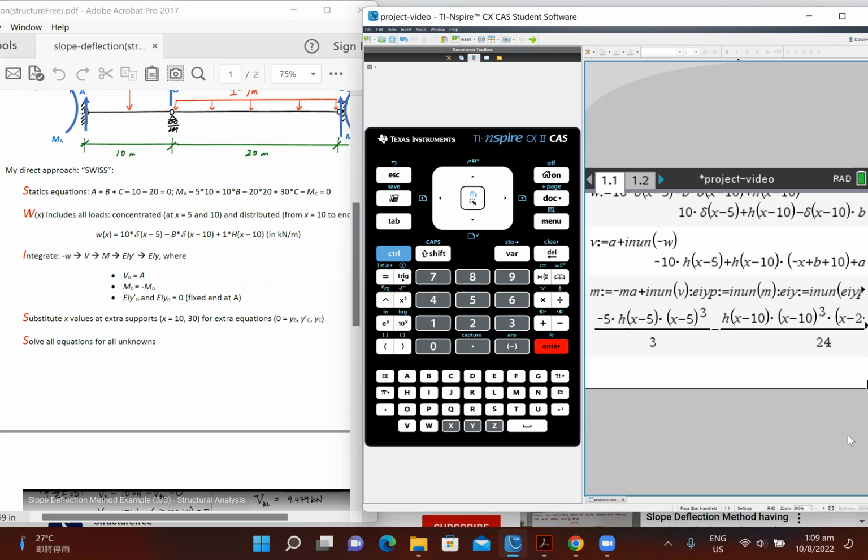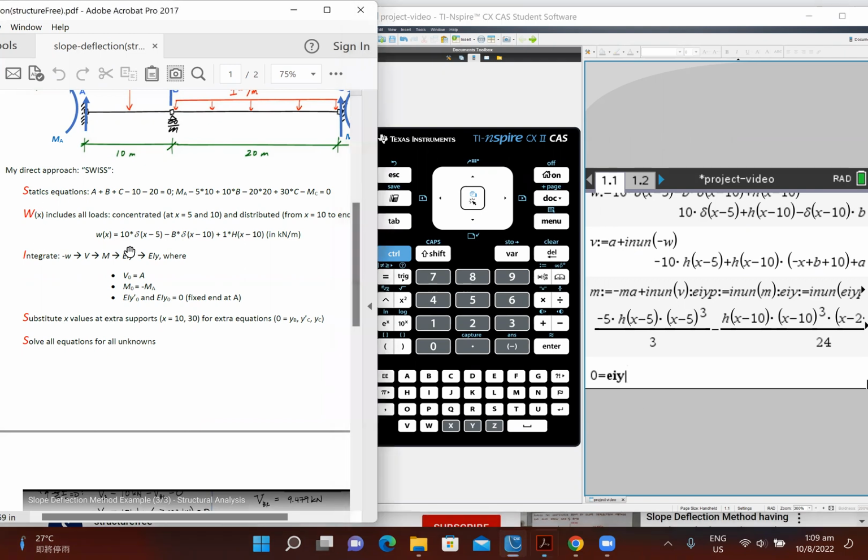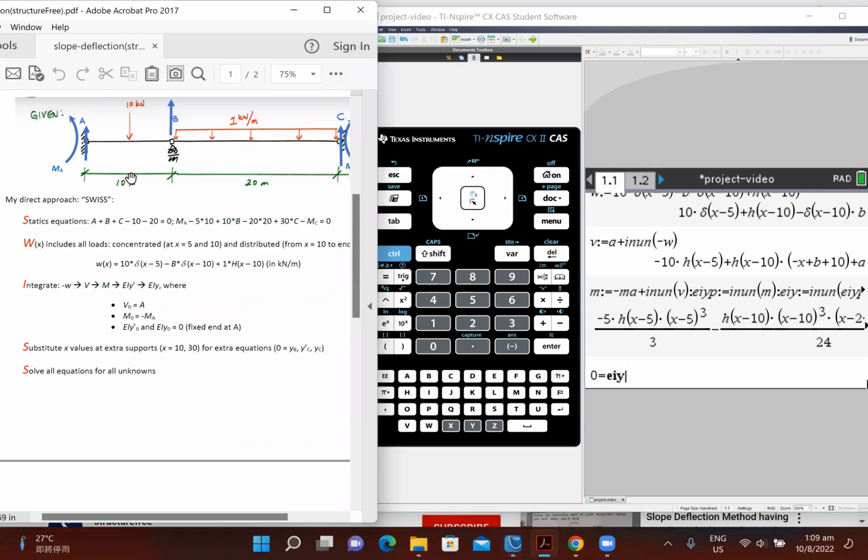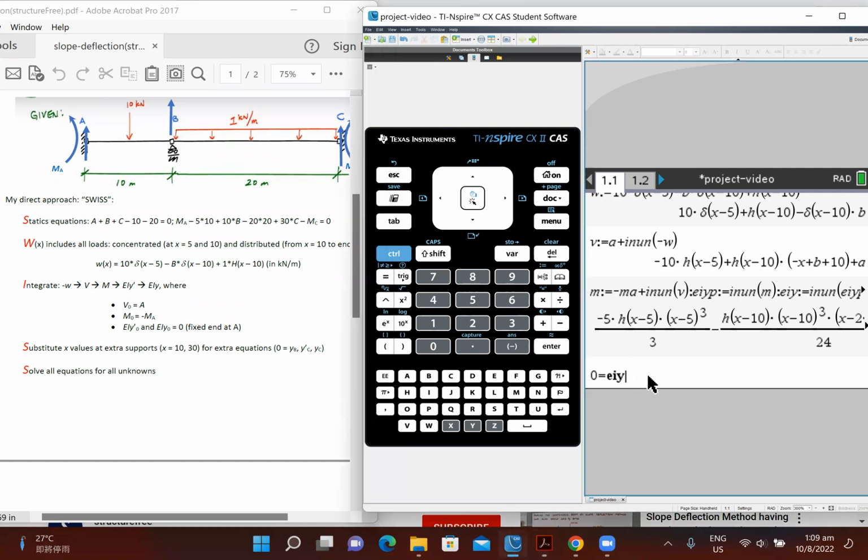For example, I know that 0 is the value of EIY at the point B. Okay, let me just show you. At B, it's x equals 10. So this is how you do it. EIY is an expression, the above expression.